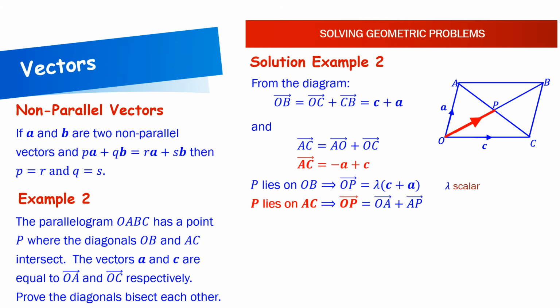So therefore, OP, which equals OA plus AP, is equal to a plus a scalar multiple of minus a plus c, since AP is a fraction of the line AC. In particular, P lies on the line AC.